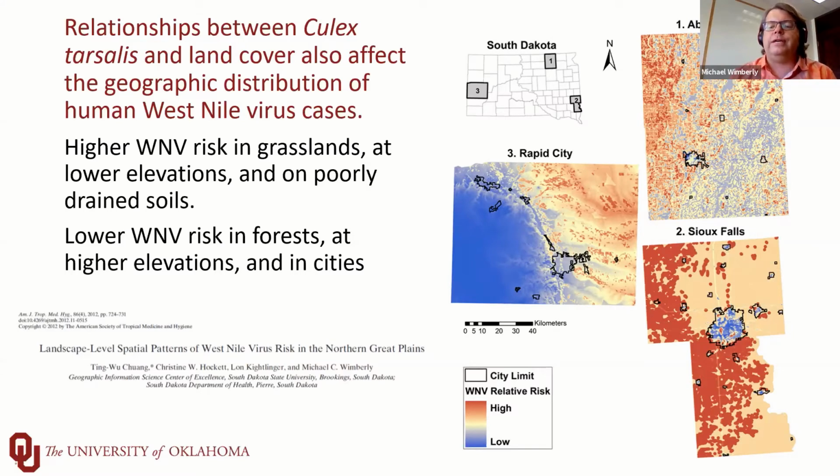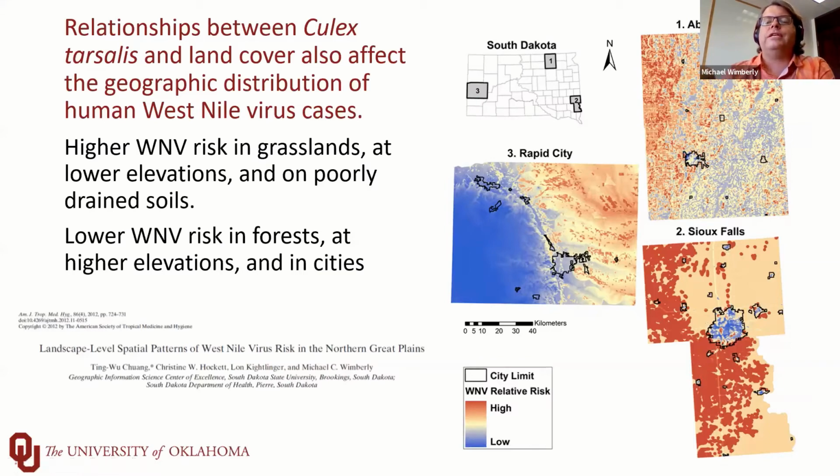We can see, it really pops out in the city of Sioux Falls here. We've got relatively low risk of West Nile virus relative to the number of people inside the city, higher in the surrounding landscapes, particularly in the western portion of that landscape.